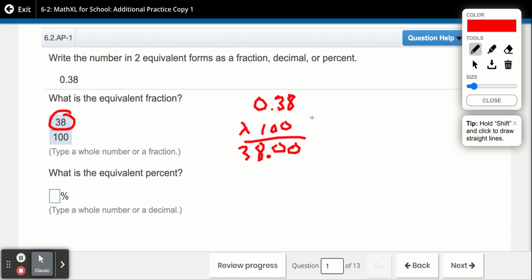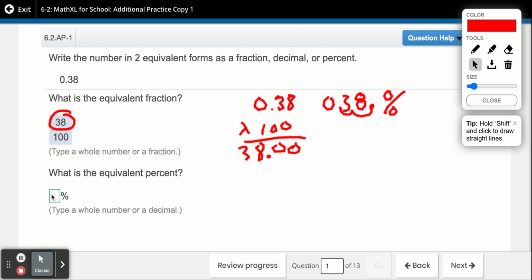So remember, when you multiply by 100, you're just moving the decimal over 2 places. 1, 2. And then we would add the percent sign onto that, and that would be 38%. So there's 2 ways of doing it.